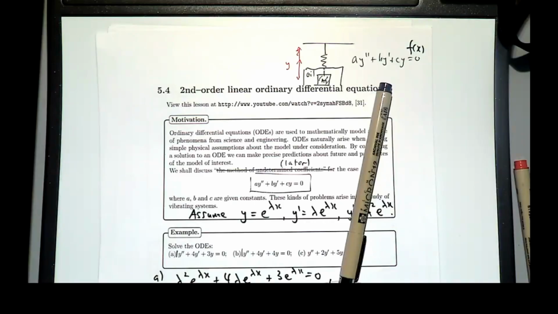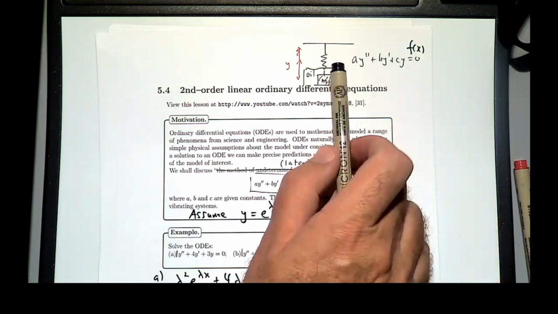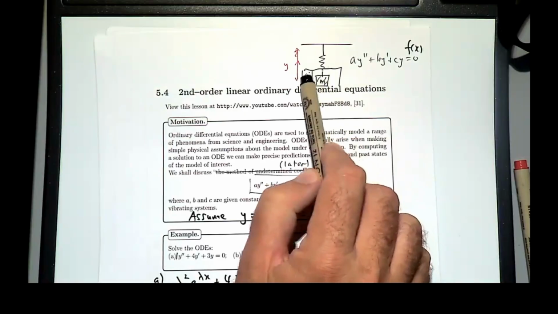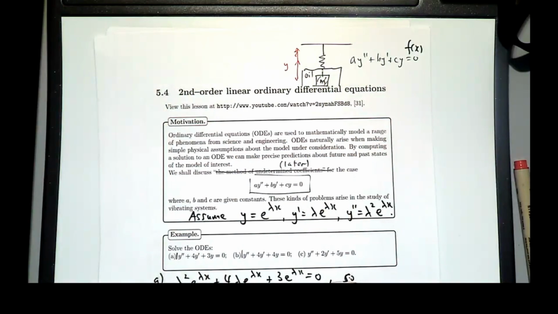So, this is a good way, I think, of connecting the stuff that you're learning with DEs to some sort of physical process. Okay, so B has got to do with the damping capability of the oil. So really thick oil, it's going to slow things down, right?